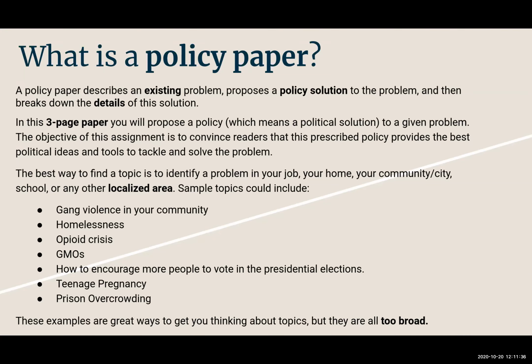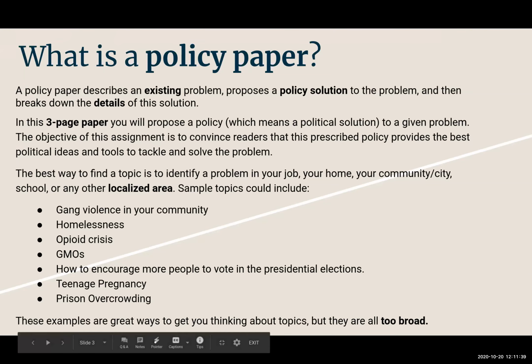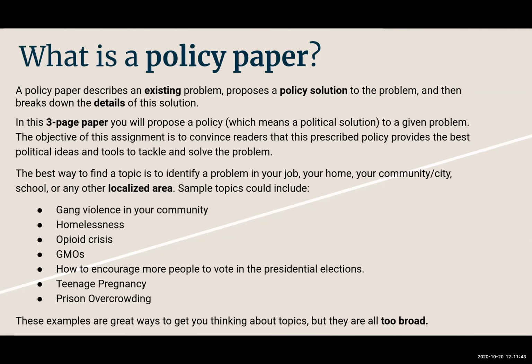Okay. That being said, as I wrote a note down here, we have some great examples of topics here. They are all too broad. The goal of these sample topics is to get you thinking about potential topics you might want to pick, and just to start triggering your brainstorming, but all of them are too broad. Like I said, homelessness is too broad of a topic. You're going to have to narrow it down if you pick it.